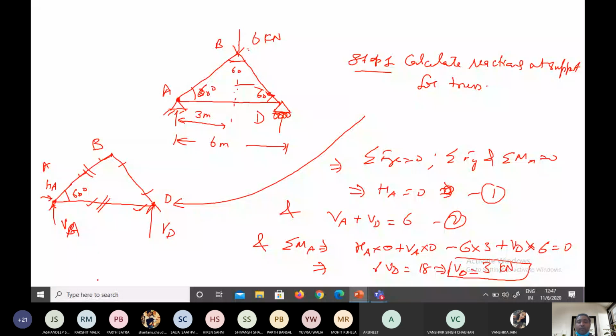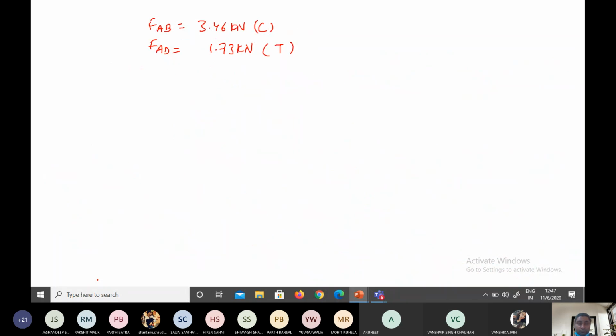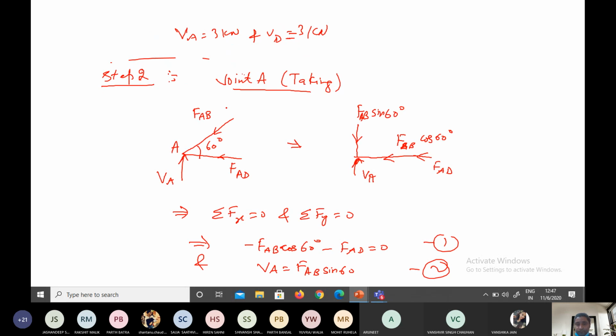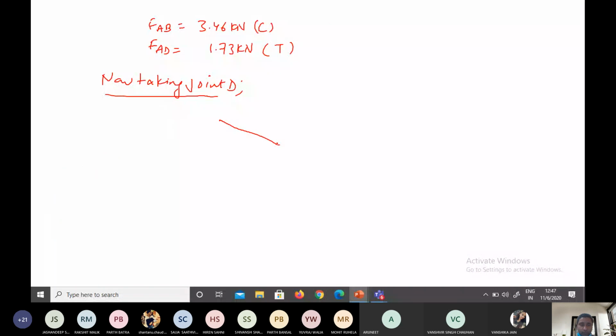Okay. So now which joint we will take now? Second. Now we will take joint D. Now taking joint D. Once we take joint D, what will be the diagram now? Like that.